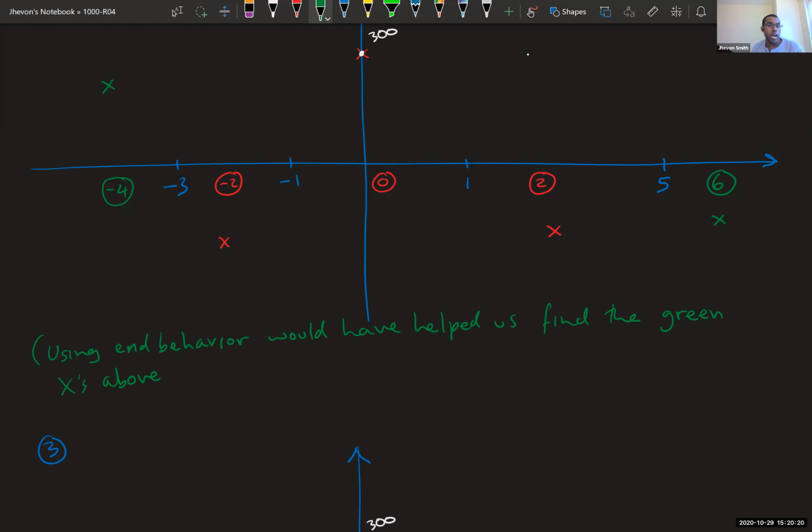But as you can see, I already knew how to find those green X's. So end behavior was somewhat optional. I will talk about end behavior after this, but when it comes to graphing, I didn't need it.